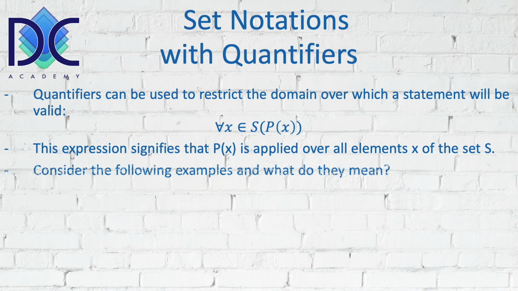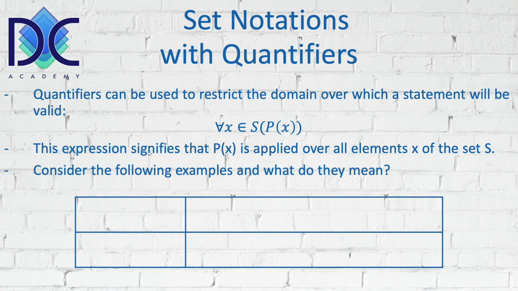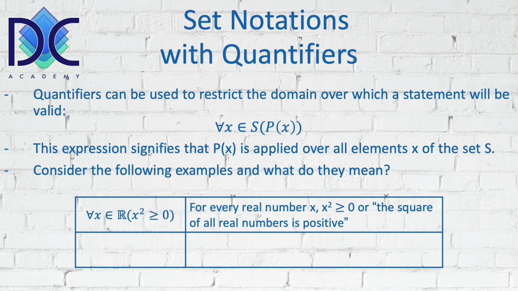Now, let's have a look at another example and what these different elements mean. For example, we have here for all x elements of R, which means for all x which are real numbers, x squared is larger or equal than 0. Basically, here we say that on the set of the real numbers, p of x, x squared is larger or equal than 0, which means that the square of all real numbers is always positive.